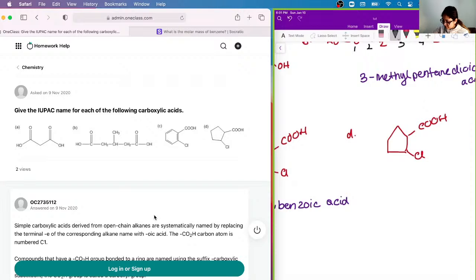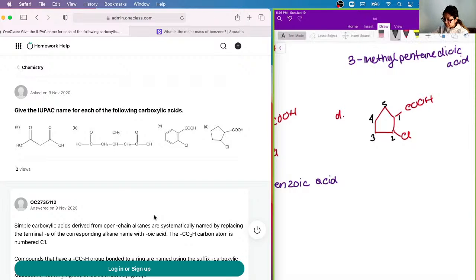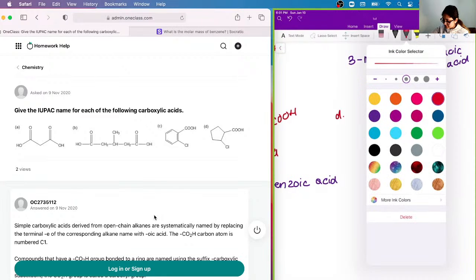Let's name our carbons: 1, 2, 3, 4, 5. And how I would name this is by first naming our substituents.